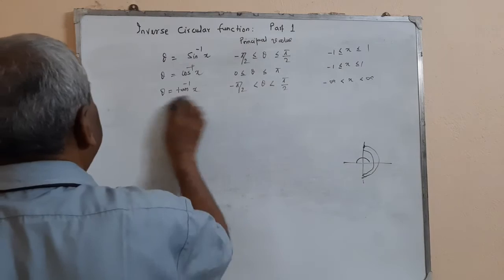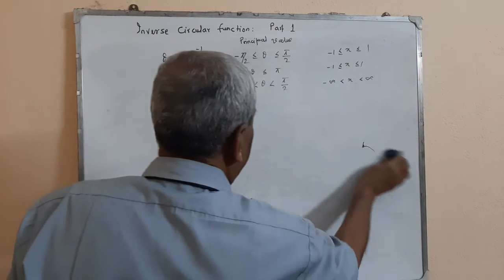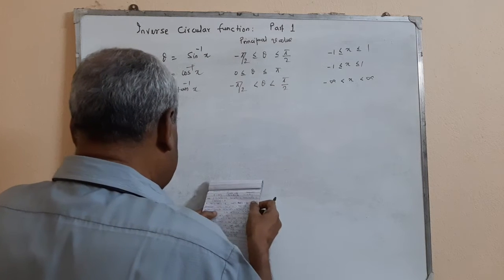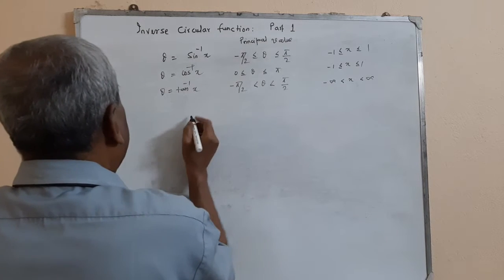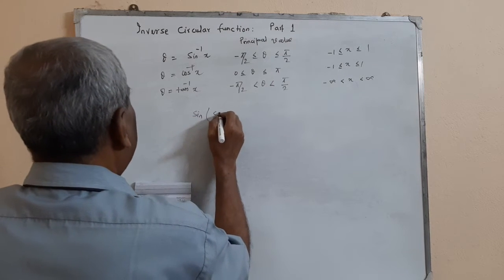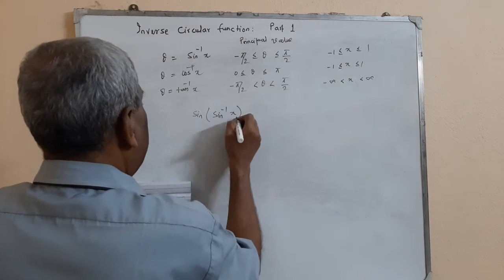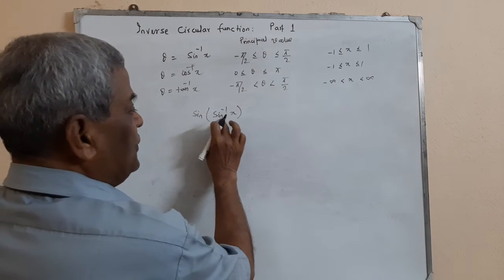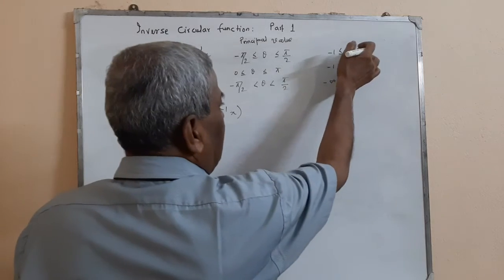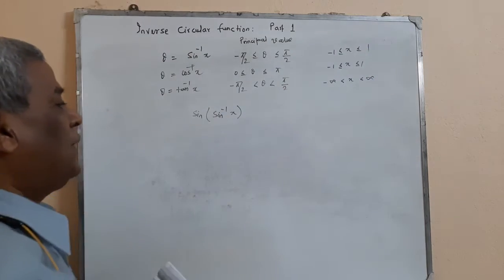Number 1, sine of sine inverse x. Because it is defined, x must be within that domain, minus 1 to plus 1.